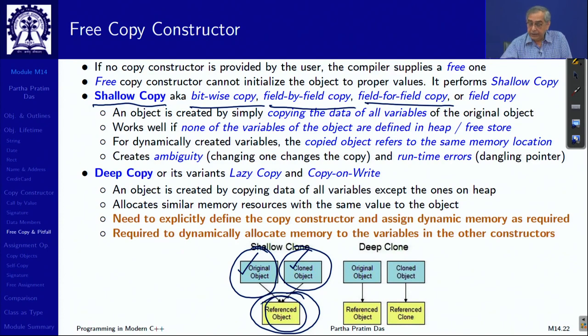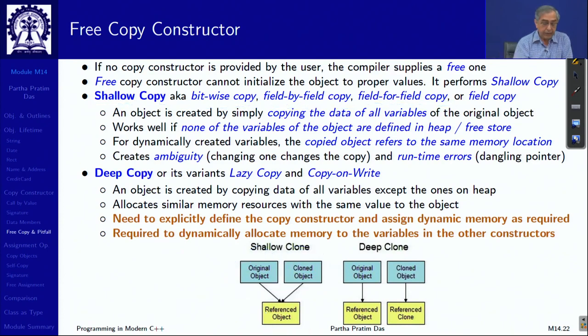The other, which is the preferred or correct way of doing this, is to have a deep copy. What do you do in a deep copy? For every built-in type you copy the value, for every other data member you call the copy constructor of the corresponding class, and for pointers you make a fresh allocation and copy the pointed value as well. It is not enough to just copy the pointer, that is not semantically correct.